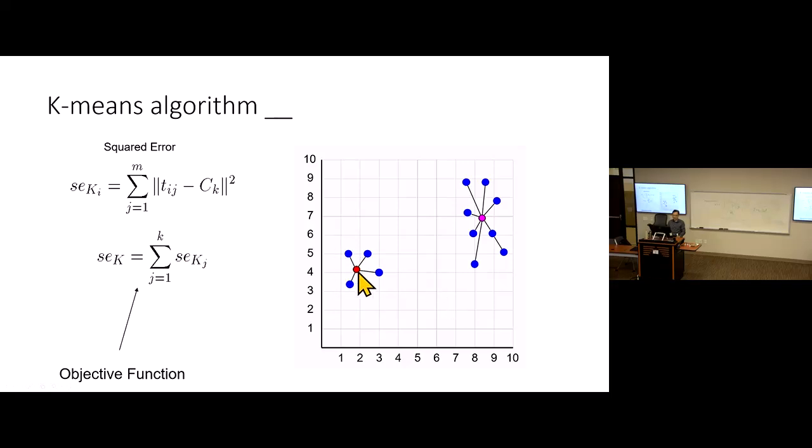Within each member, there's a distance to the center. This value has to be smallest. So you minimize this value, and for the three of these minimized values, the total will be the smallest. So we want to achieve the smallest value for this objective function.